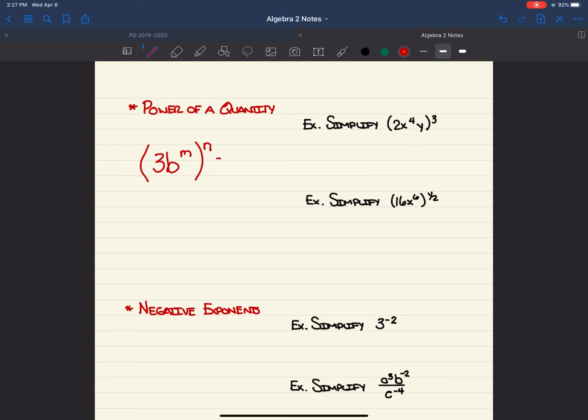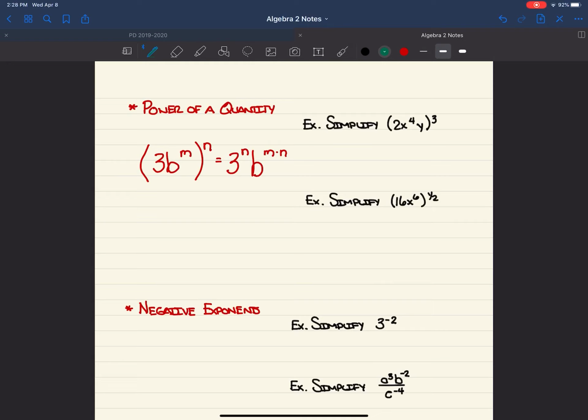This is where I see most students make a mistake: if that whole quantity is to the power of n, I've got to both raise my coefficient of 3 to the power of n, and then I've got to take my base b, which is already to the power of m, so we have a power to a power, that last property. So we'll have b to the m times n power. So that, again, is our general rule, our property.